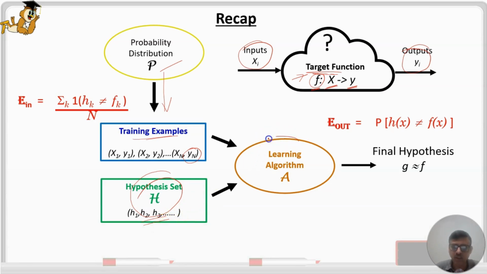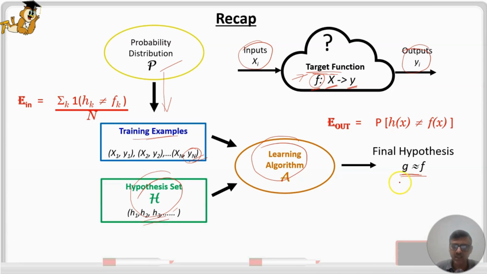The job of the learning algorithm is to select a hypothesis from the hypothesis set based on the training samples such that the selected hypothesis replicates the target function f as closely as possible.